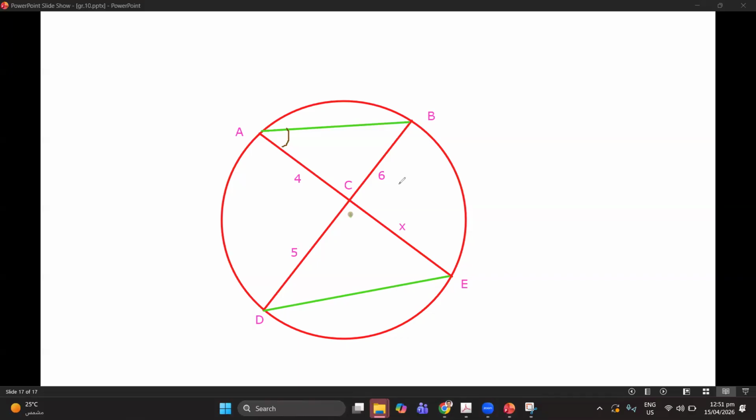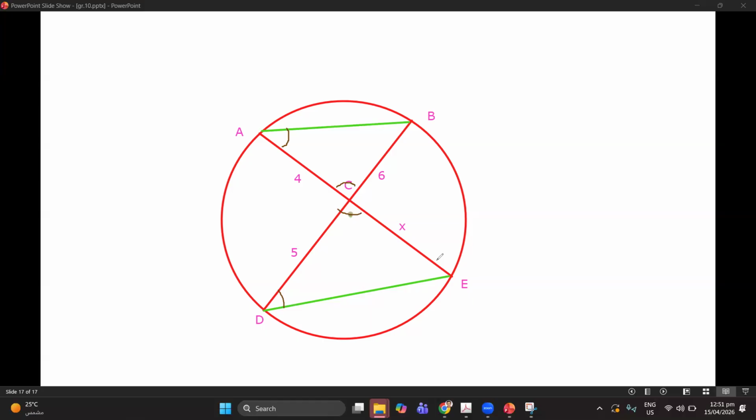We said before, if they are 2 inscribed angles sharing the same arc, they are equal. So angle A and angle D are equal. And this angle and this angle are also equal because of the vertical angles. So I can conclude that triangle ACB is similar to CDE by AA similarity.